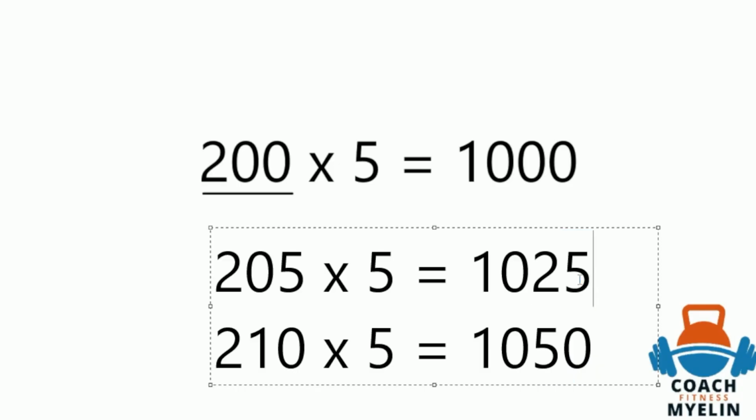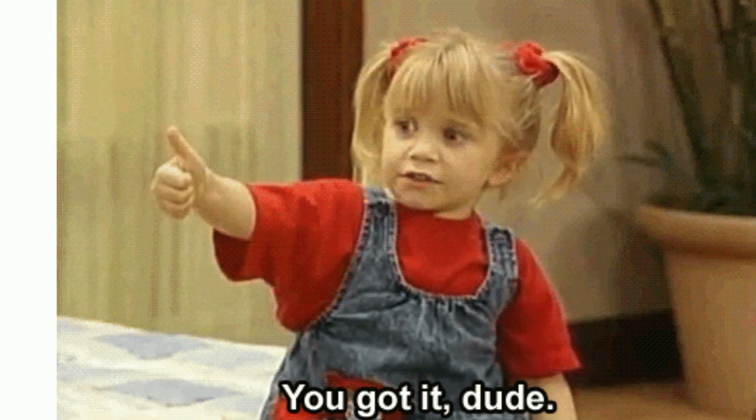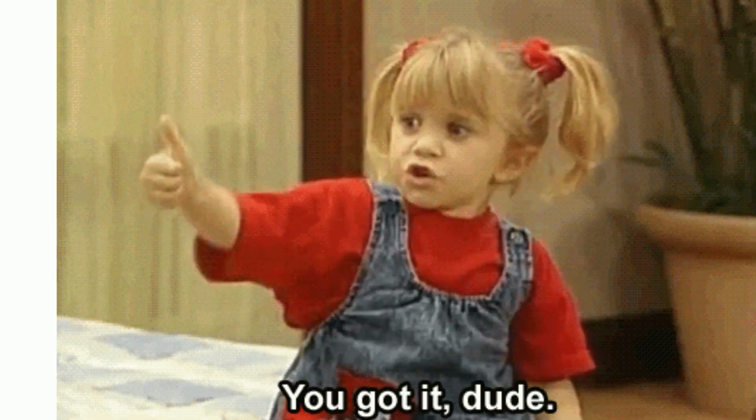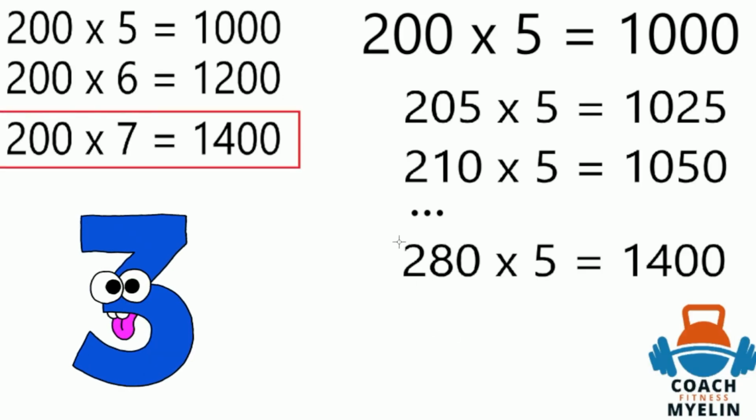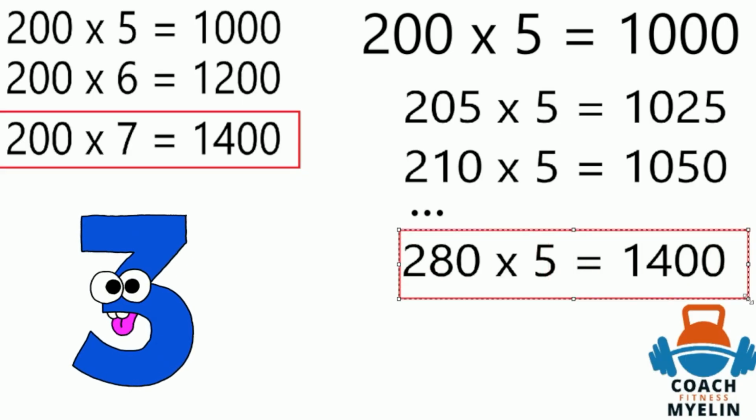Because the jumps aren't as much, you're able to make little small improvements and really inch towards your overall goal at a much more appropriate rate rather than miss lifts. Now notice how many workouts it would take to get up to the 1,400 pound total versus how many workouts it's going to take you to get up to that same total by just going up in terms of weight.